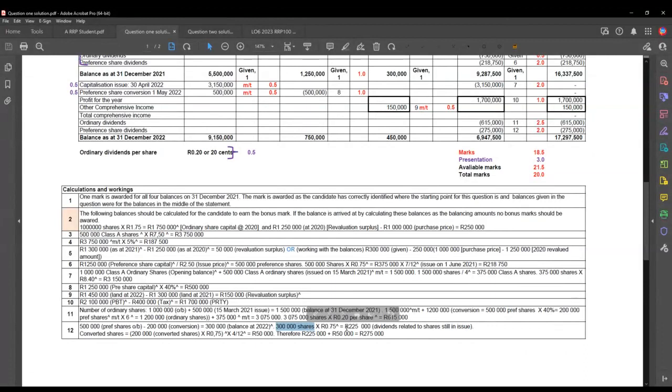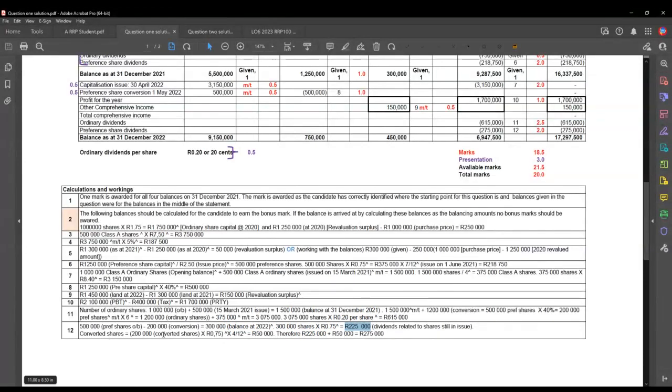So that's 300,000 shares times 75. That would have given us 225,000 rand. If you had that amount, you would get 1 mark for that.